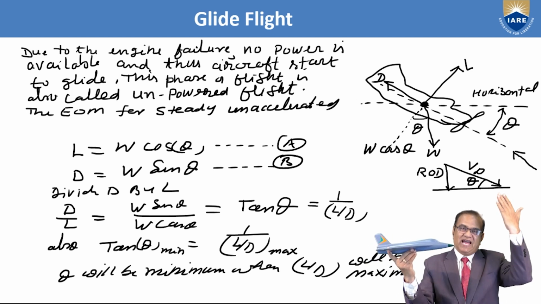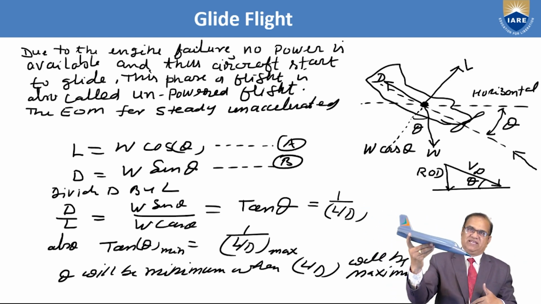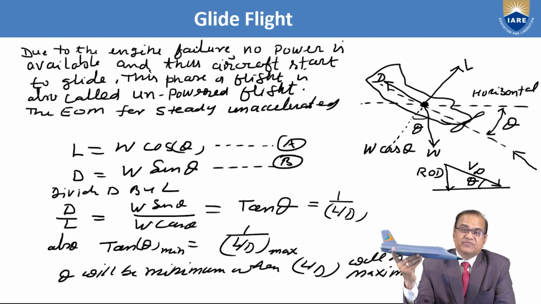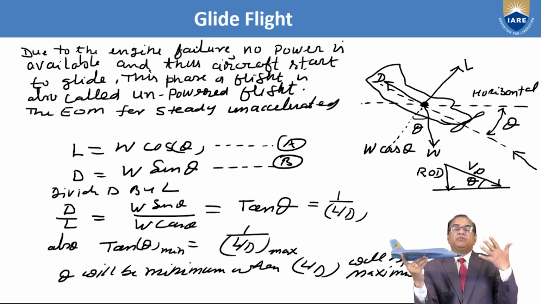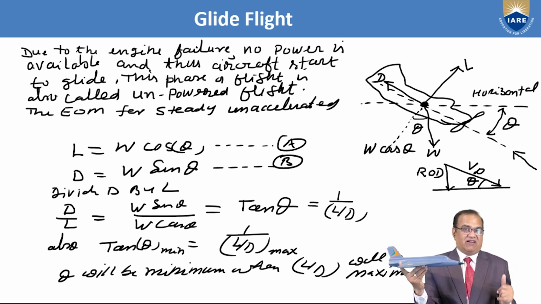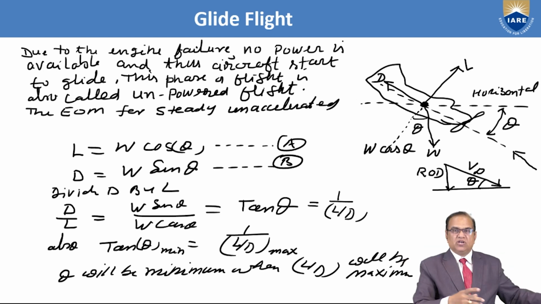So after a certain height it has to come down, so it has to move like this. This is called the glide. Glide is also used when your engine has failed, or during practice, when you want to see how the pilot will handle the aircraft if the engine fails. That time also glide is required.